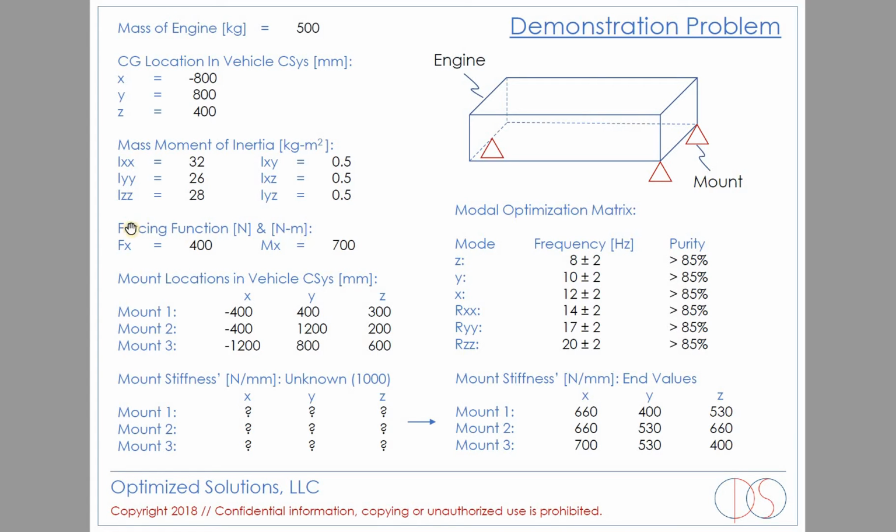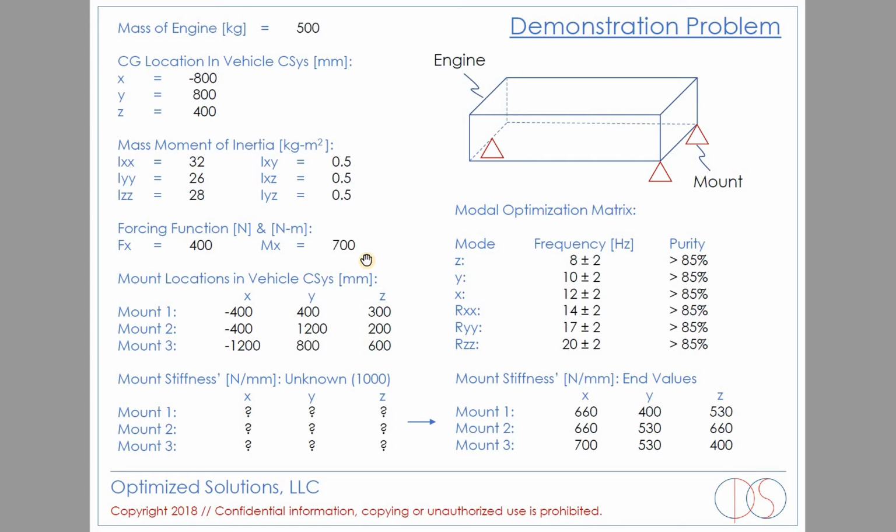The forcing function on the engine is defined as a force of 400 newtons and a moment of 700 newton meters that could be due to a belt load, say, and a torque due to an engine event such as max throttle.